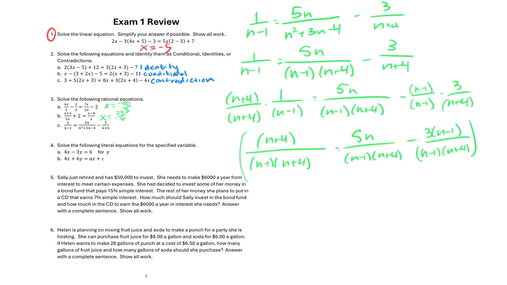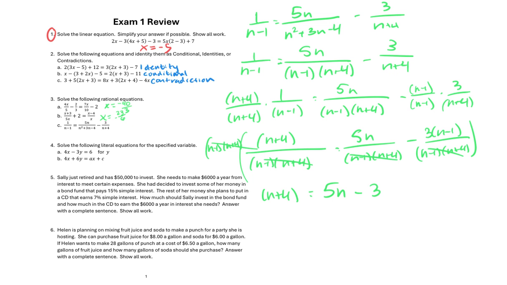Great, so we can multiply this whole thing by our denominator, n minus 1 times n plus 4. And so those are going to cancel out. So then we're just left with the top. So we have n plus 4 is equal to 5n minus 3.